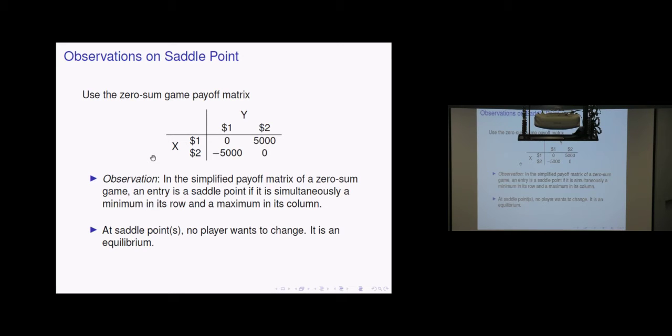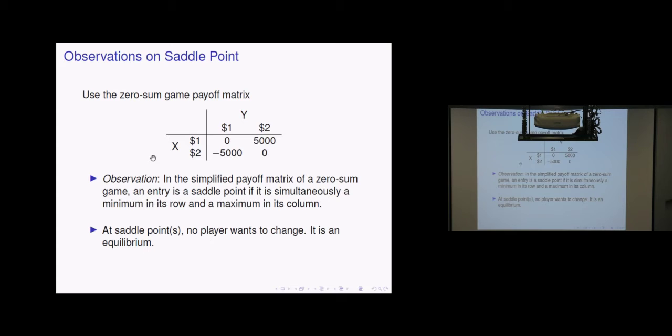So at saddle points, no player wants to change. It is an equilibrium. Because if player 1 changes, he'll go down, he'll get worse. For player 2, if he changes, on the matrix he gets more.